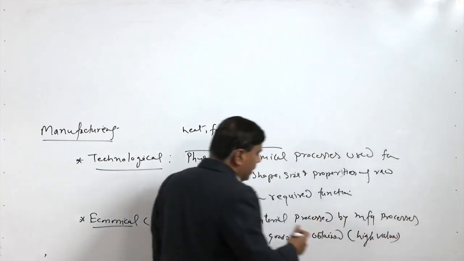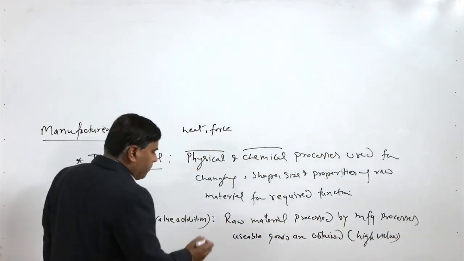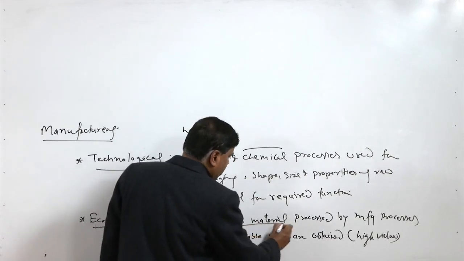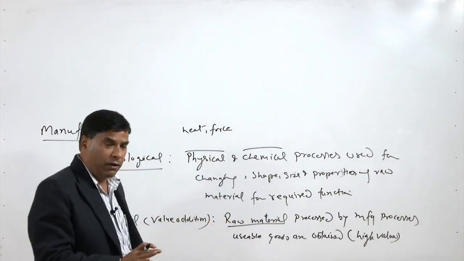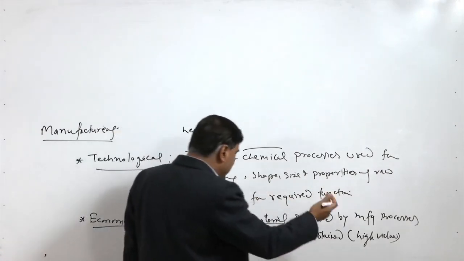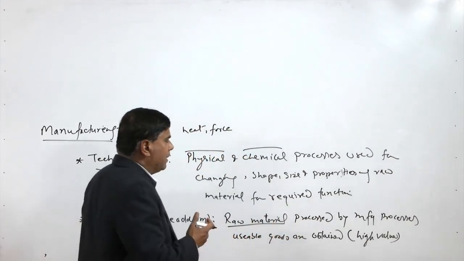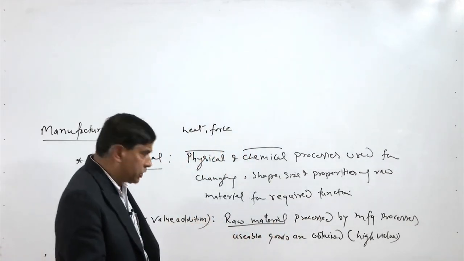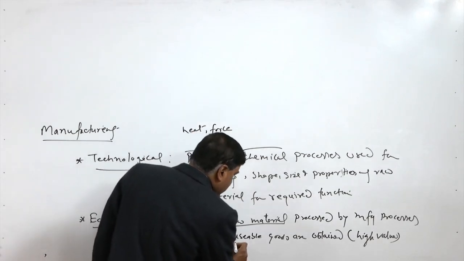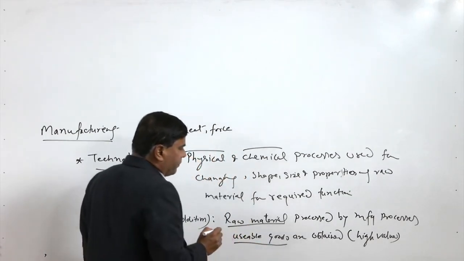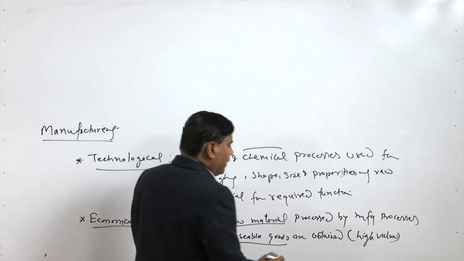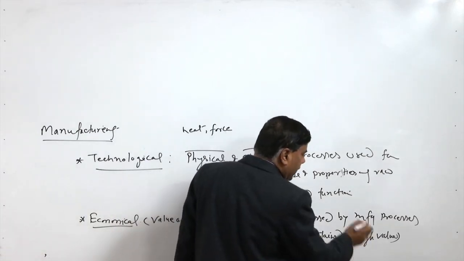So, we can say the processes are applied, work is done on the raw material which is of low value, so that it takes the desired size and shape and is made a usable good, of high value.